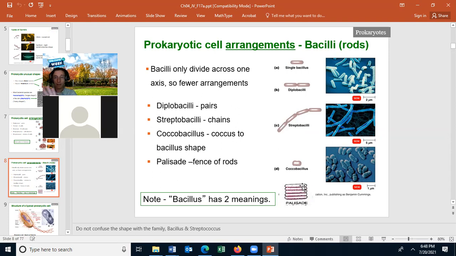If you rotate that 90 degrees, meaning that this is the bottom and this is the top, it looks like a palisade fence. And if you don't know what a palisade fence is, it was discussed in Mark Twain. I don't remember if it was Tom Sawyer or Mark Twain.